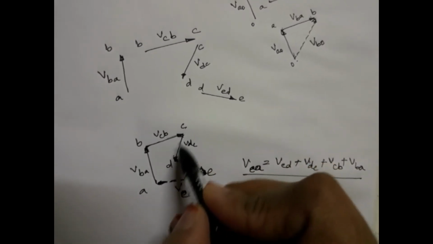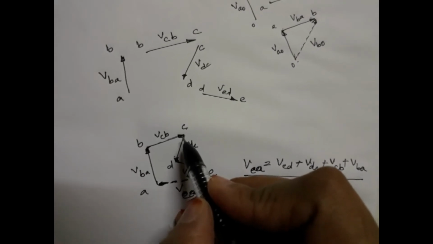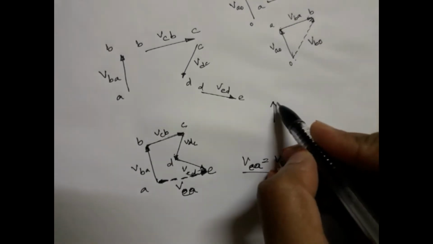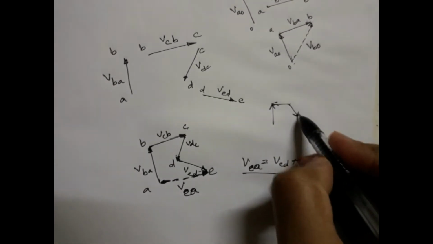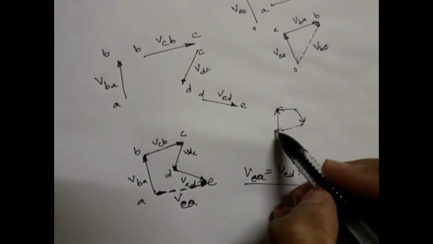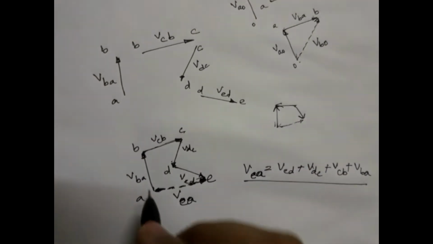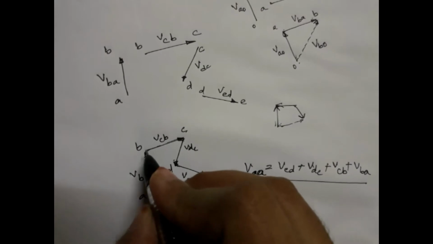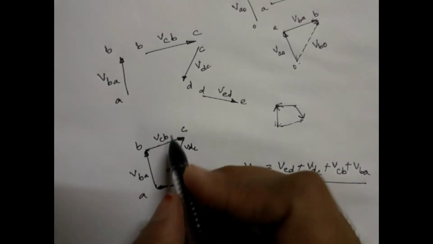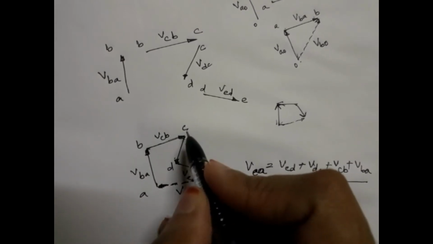This is the tail of the next vector, that is the third vector. So these should be in order. It cannot be like this. And you cannot say this is the resultant or this is the resultant. No. All of them should be in the same order. If at all there is A to B, then the next vector should be from B to C. It cannot be from C to B. If it is from C to B, then you cannot add.